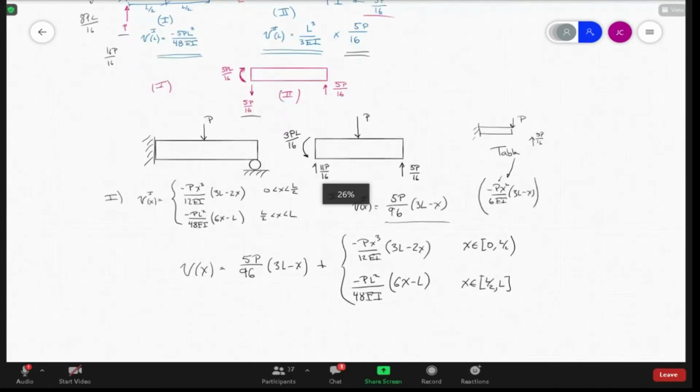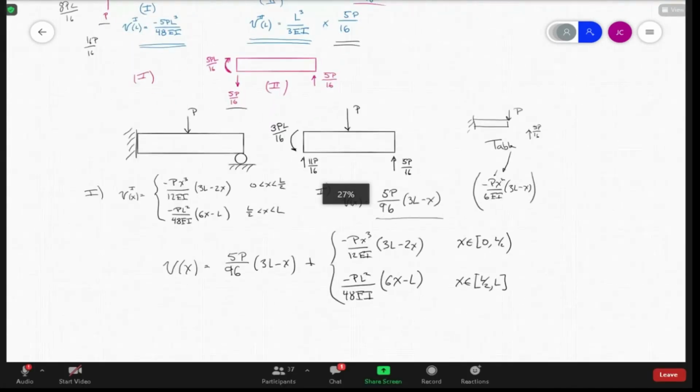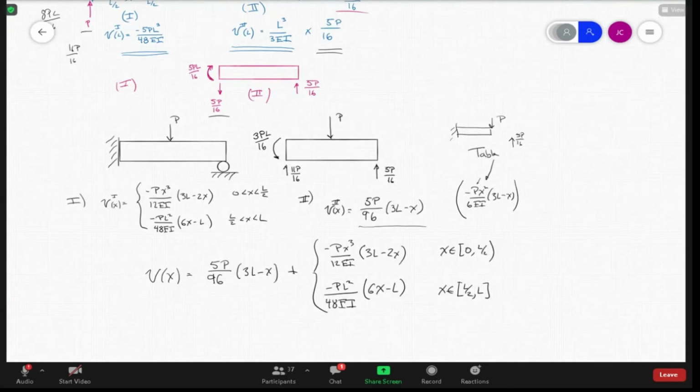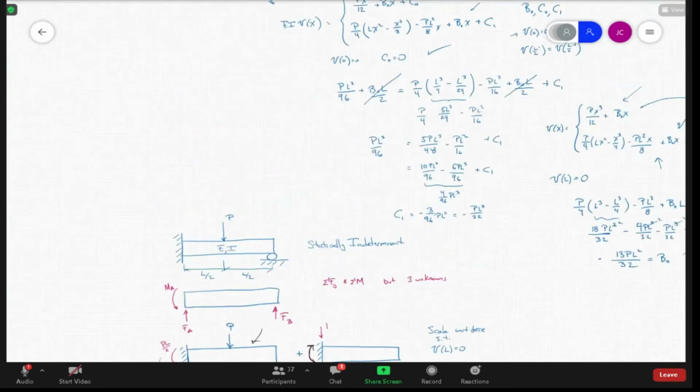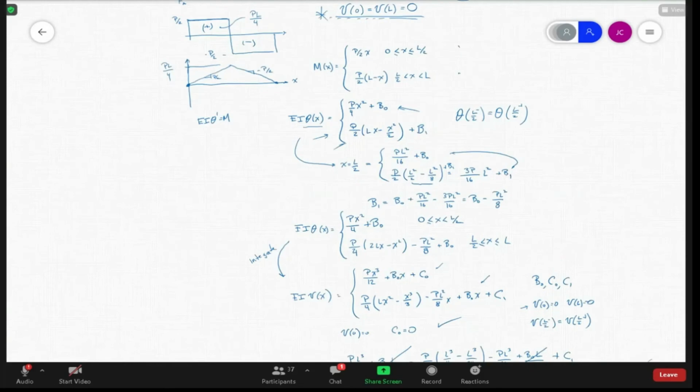And I think you could always get a statically indeterminate case in terms of one or more combinations of something that's in a beam table, to be honest with you. I could have also done this problem here, the one where it was pinned, where I went through all the integration.